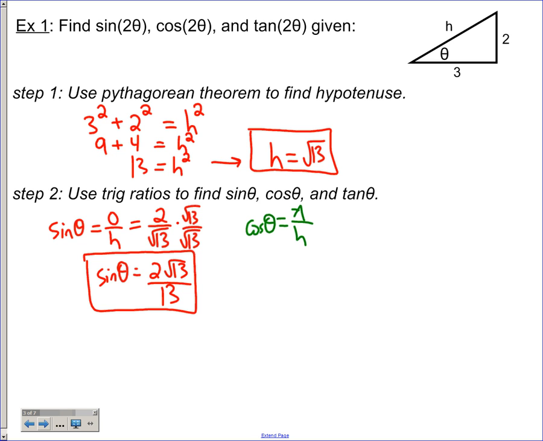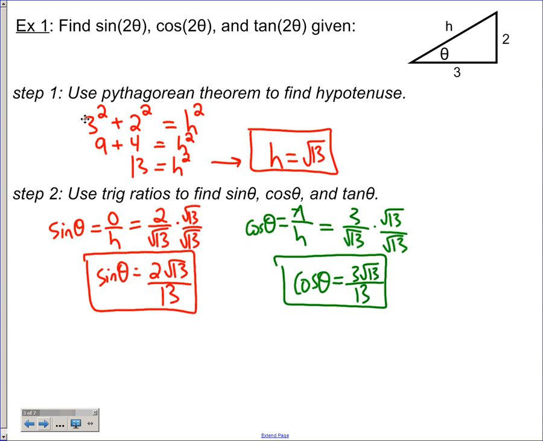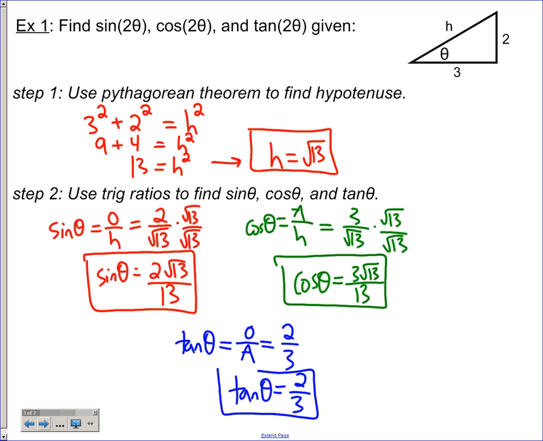That gives us 3 over the square root of 13, which we rationalize to get cosine theta equals 3 root 13 all over 13. And last but not least, the easy one, tangent of theta is equal to opposite over adjacent, which gives us 2 over 3. So tangent theta is 2 over 3.